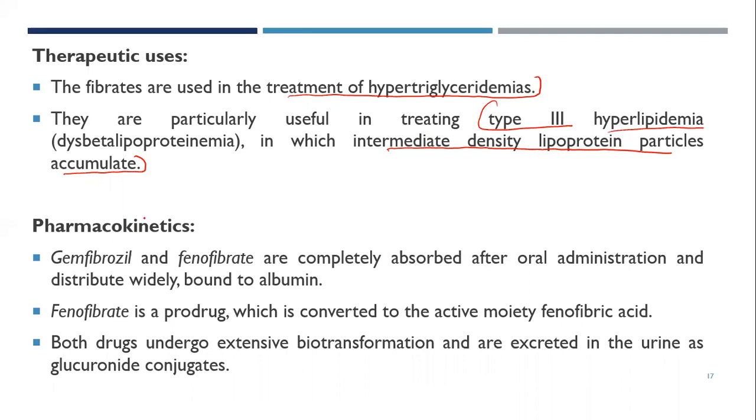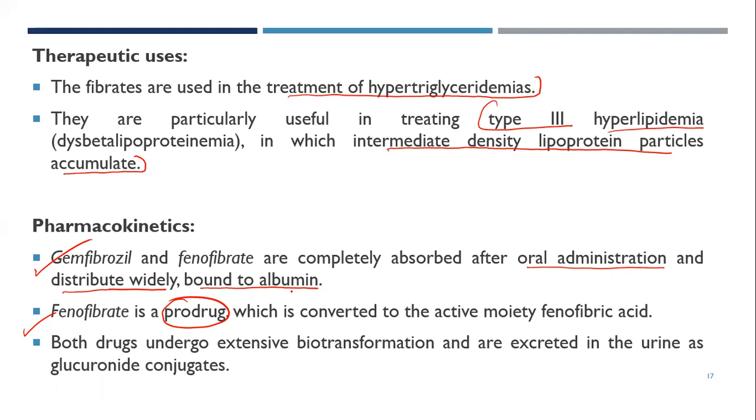Okay, so the pharmacokinetics: gemfibrozil and fenofibrate are completely absorbed after oral administration, and they are distributed widely, and also they are bound to the albumin. Okay, fenofibrate is a prodrug, so it's not an active moiety.